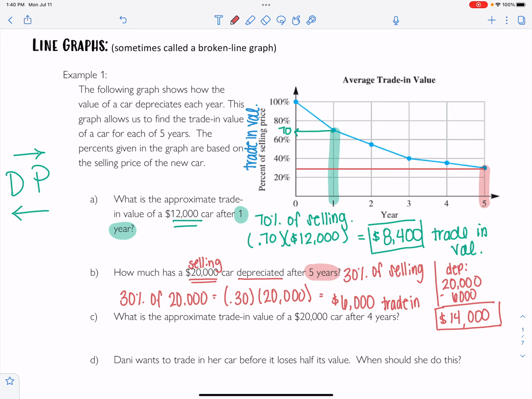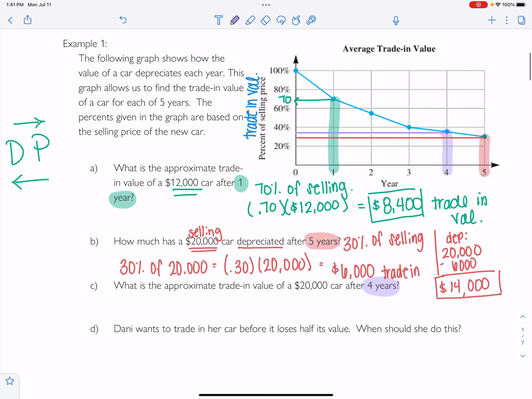All right, then letter C says, what is the approximate trade-in value of a $20,000 car after 4 years? So I'm going to 4 years on the graph. Going to follow that across with my best attempt at a straight line. Looks to be about 35% because it's not quite 40.